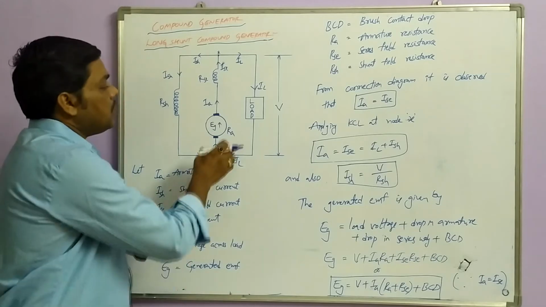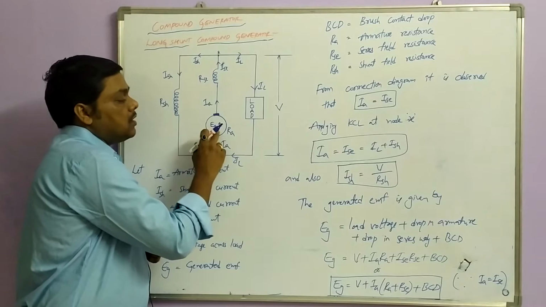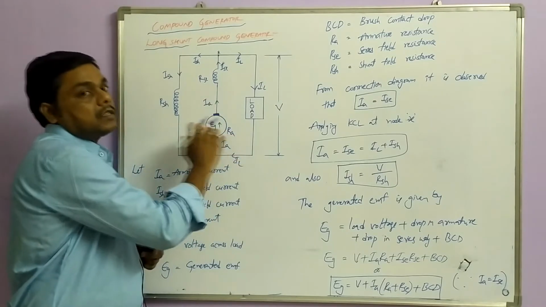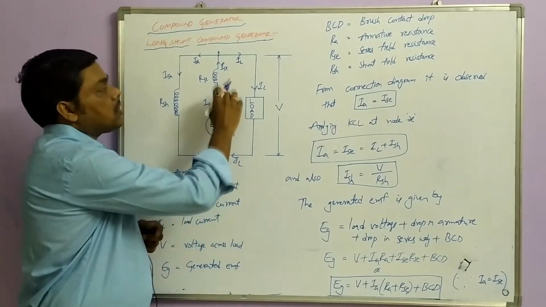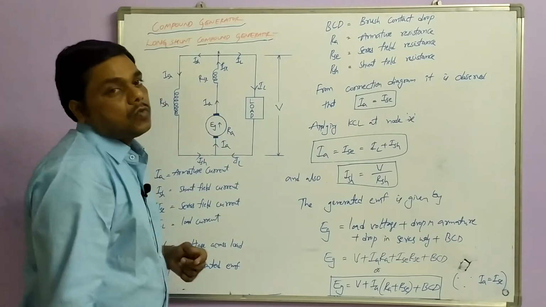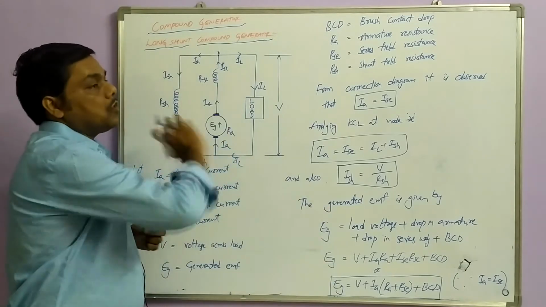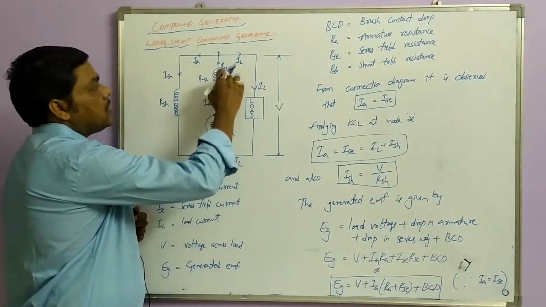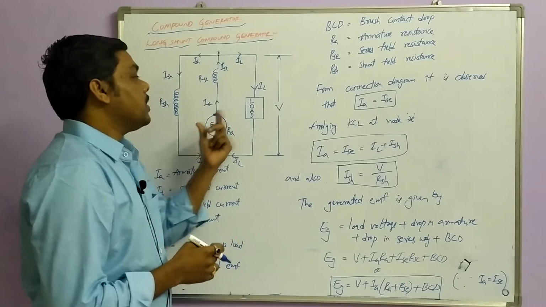So the actual EMF induced is EG. Once it is delivered from here, there is some internal resistance RA, so there is an armature drop. The same current flows through the series winding, and again there is a series winding resistance drop, so some voltage is dropped here.